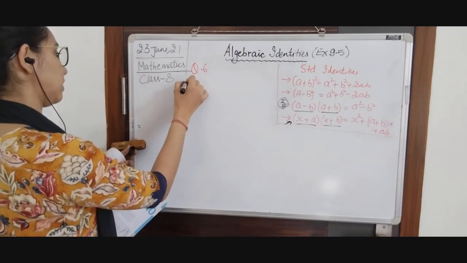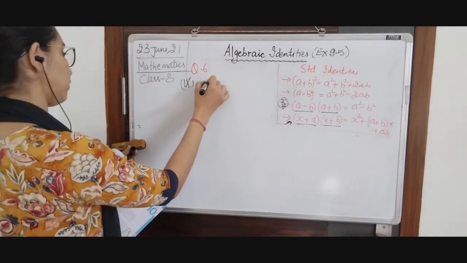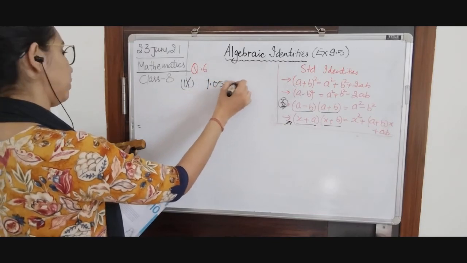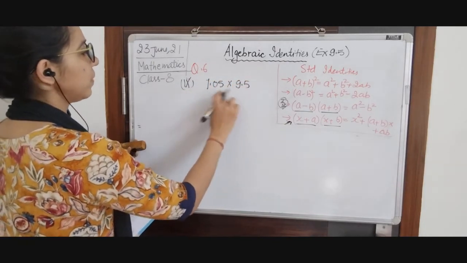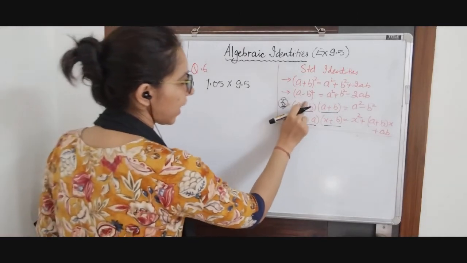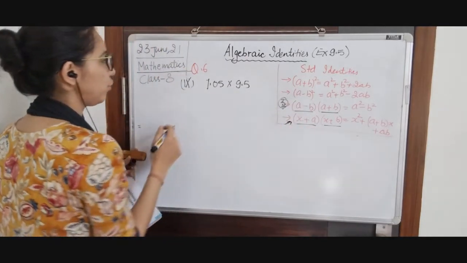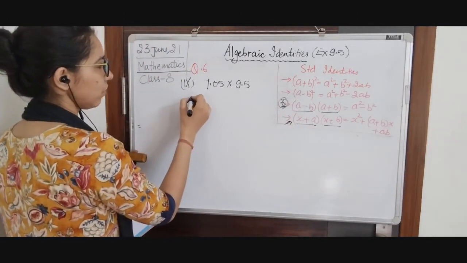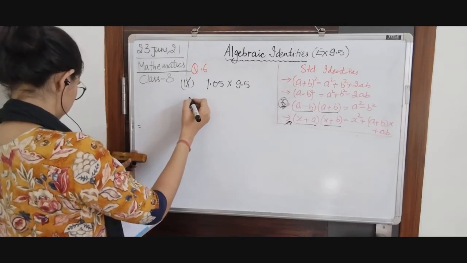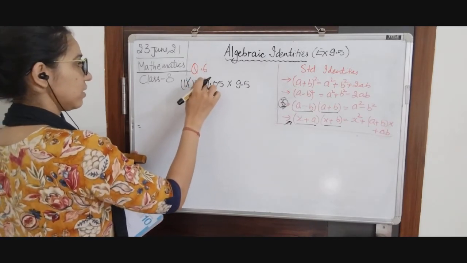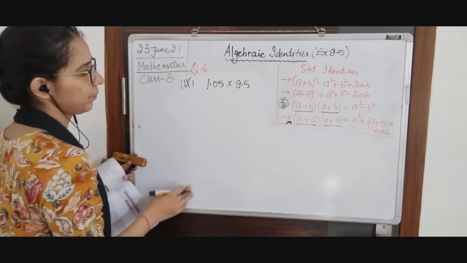Last part, that is the 9th part, it is 1.05 into 9.5. So for this product of two terms, we are going to check which identity applies. This is going to get complicated.